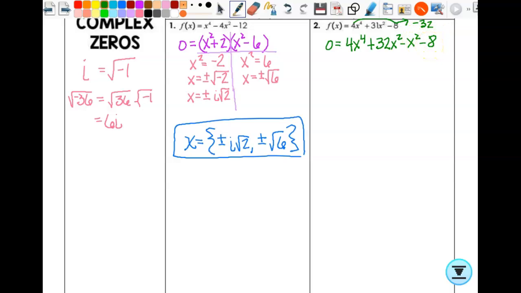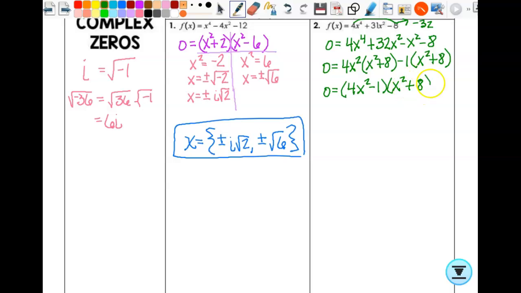So now that I have the middle term split, I can factor, and I will factor out a 4x squared. That leaves me with x squared plus 8. Factor out a negative 1. That leaves me with x squared plus 8. So 0 is equal to 4x squared minus 1 times x squared plus 8.